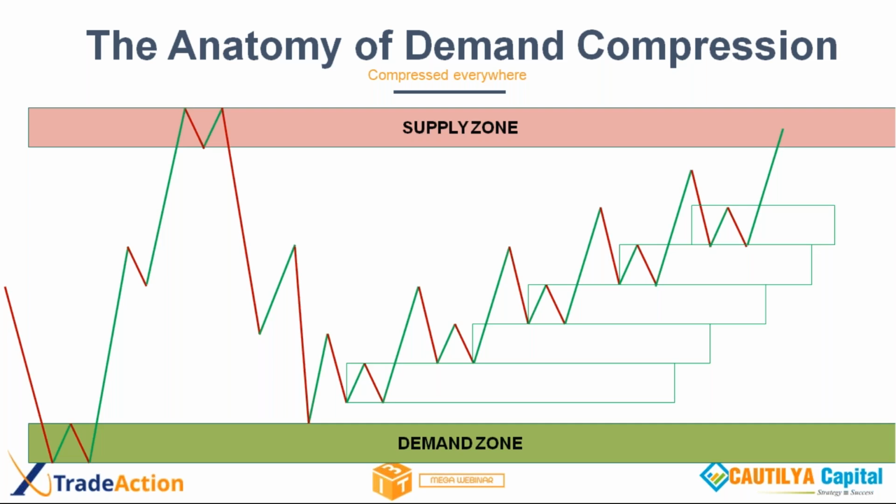None of the zones are fresh zones. All zones are tested. All the demand orders have been consumed. There is not too much resistance on the way. There is no more resistance.